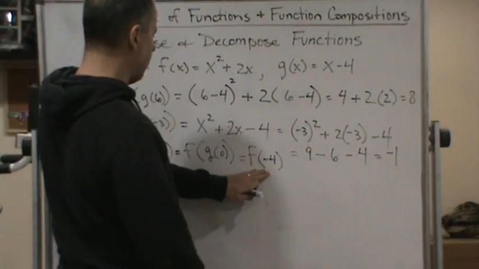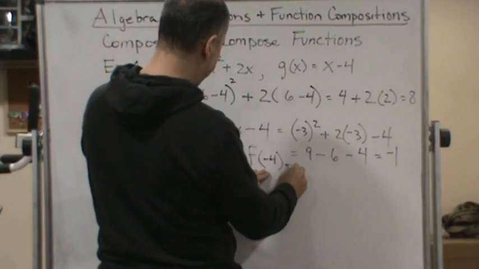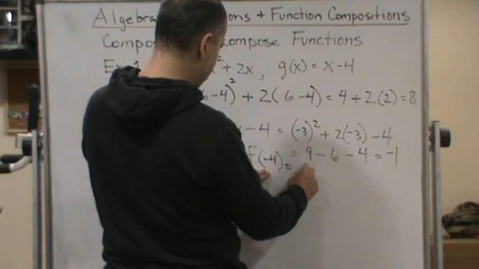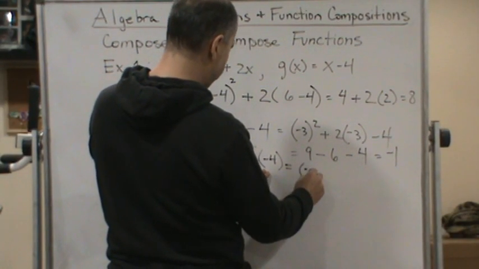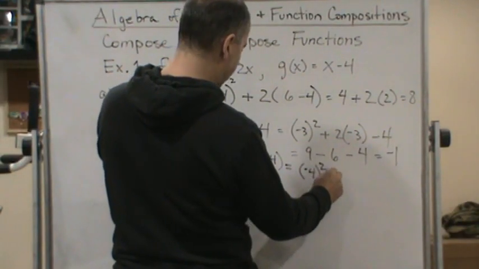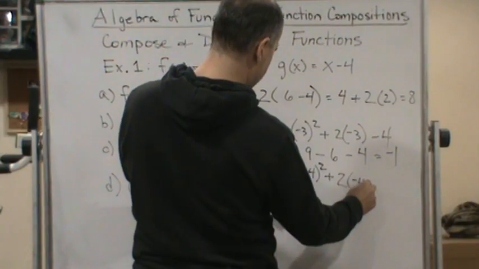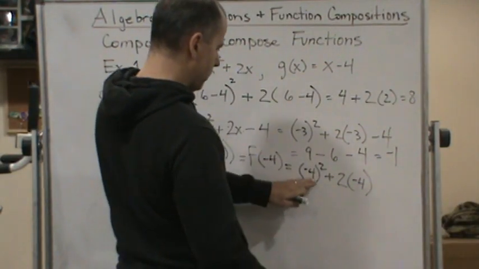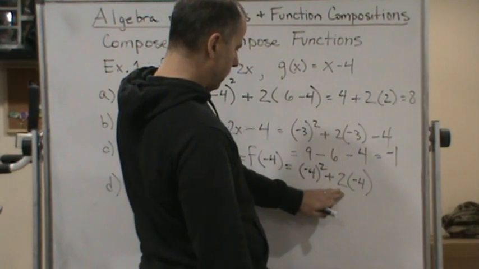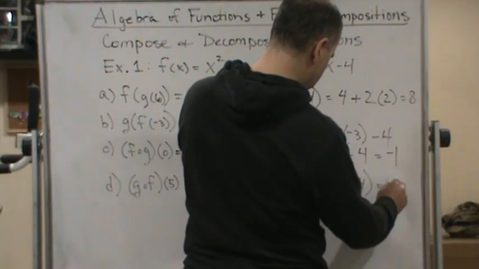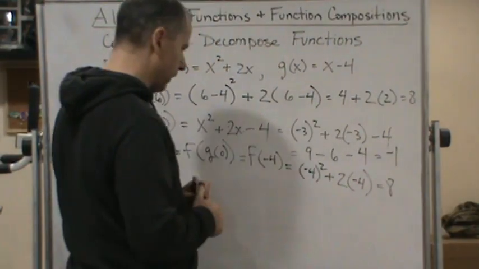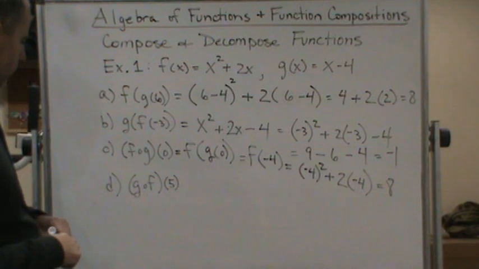And so what's f of negative 4? f of negative 4 is negative 4 squared plus 2 times negative 4, which is going to be 16 plus a negative 8, which is just going to give me positive 8.